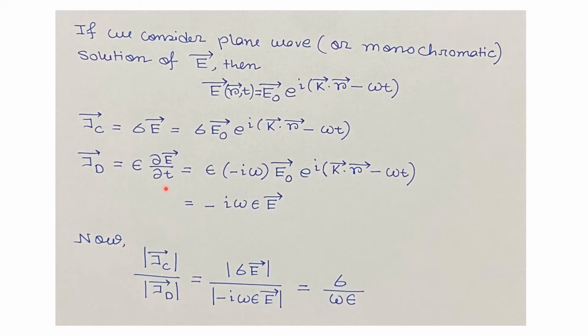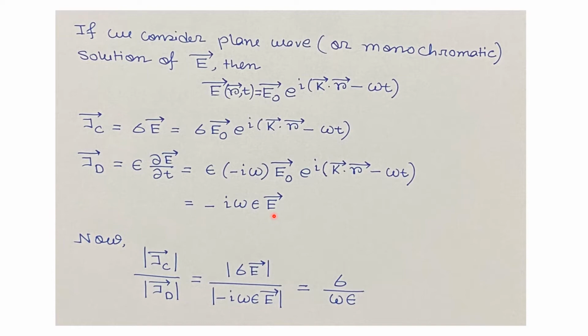So we'll put the expression for E vector in this partial derivative and we'll get epsilon times minus i omega times E naught vector times exponential of i (k dot r minus omega t). Now E naught vector times exponential of i (k dot r minus omega t) is our actual electric field vector. So we can write it as J_D vector equals minus i omega epsilon E vector.